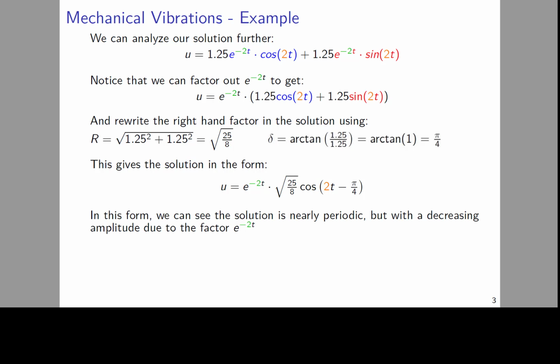In this form, we can see that the solution is nearly periodic, but with a decreasing amplitude due to the factor e to the negative 2t.